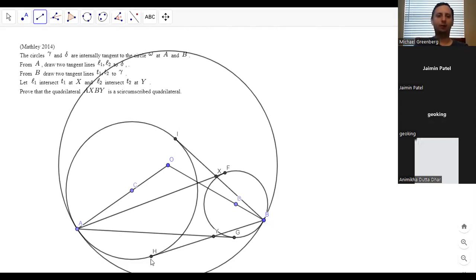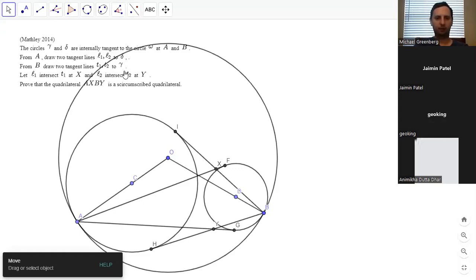Yeah, tangential quadrilateral. Exactly.